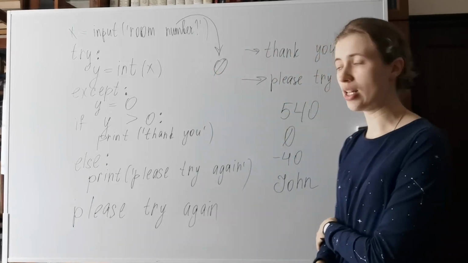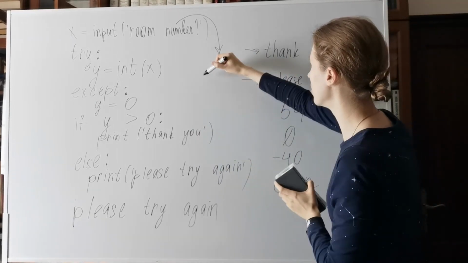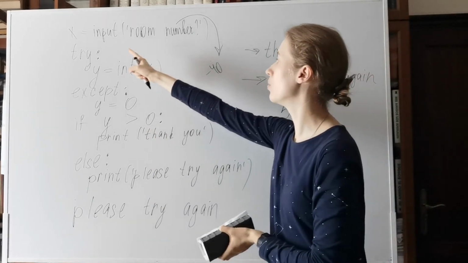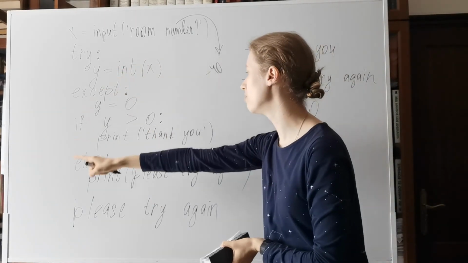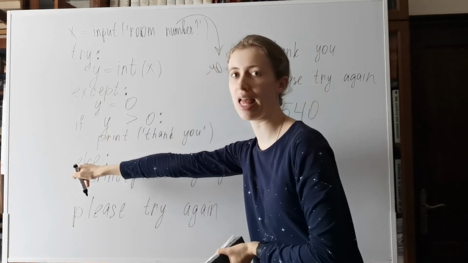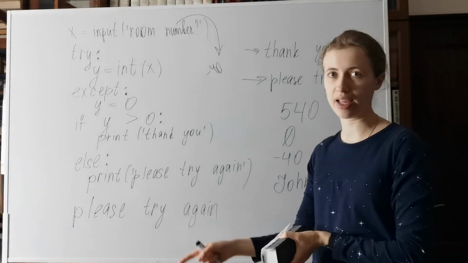The same situation happens if we test -40. Again, the same. It comes to the block try, but then after that it skips if statement and comes to the else statement, and John receives the output "please try again."